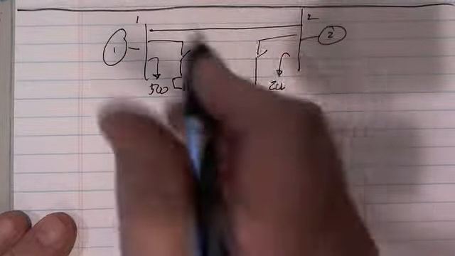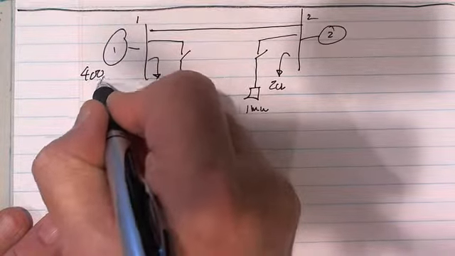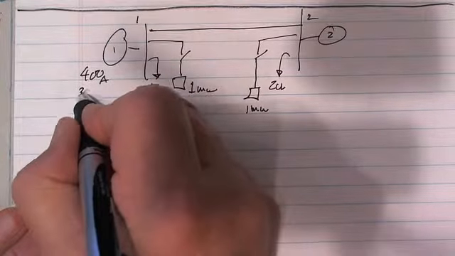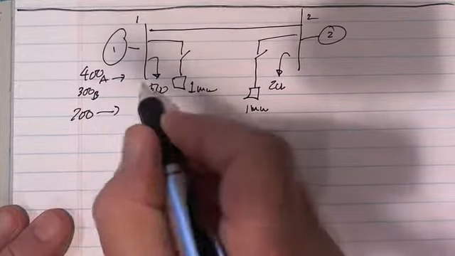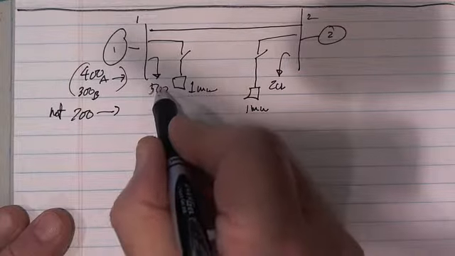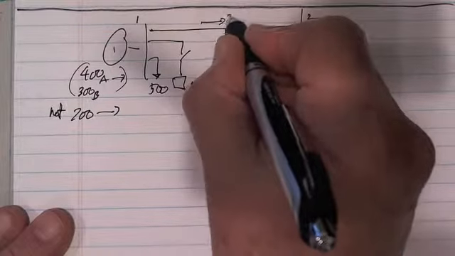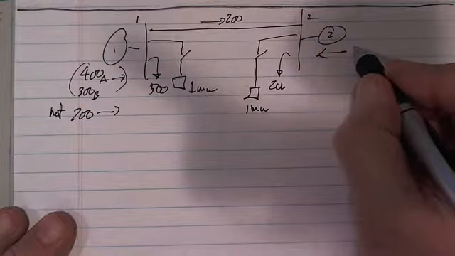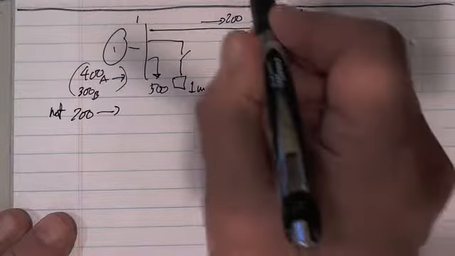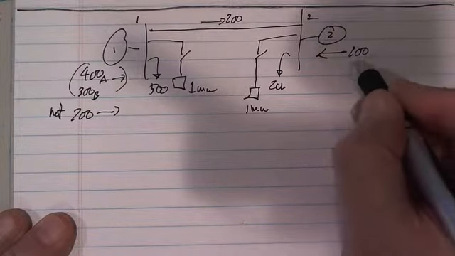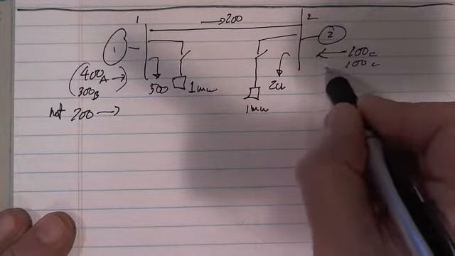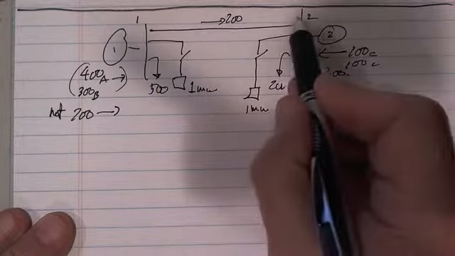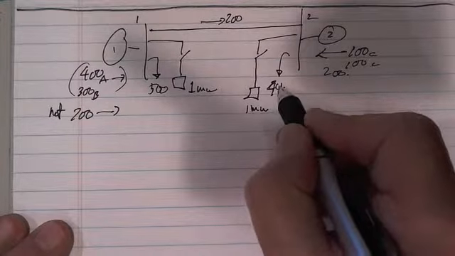This guy is already putting out 400 from A, and he's putting out 300 from B. So his net output is 700 into the system, and 500 of it goes into the load, 200 of it goes over the transmission line, and over here he is supplying from segment C 100, and he's also supplying the other 100 from C. So he's supplying 200 here, and the 200 from the transmission line gives me the 400 down here. This is supposed to be 400.